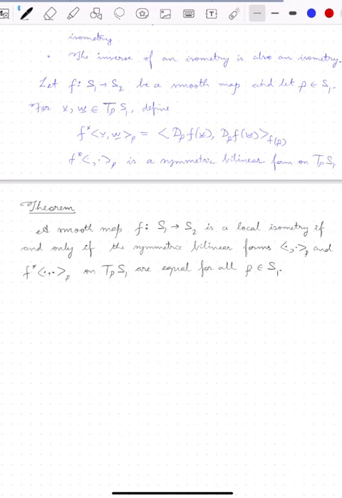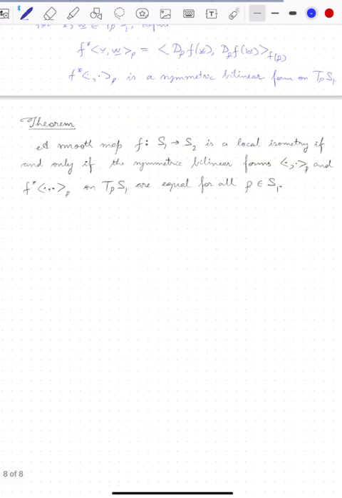So this is how we construct the isometry part. Let's just give a brief proof of this.